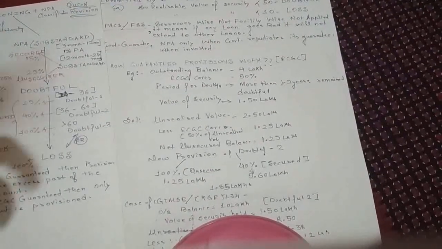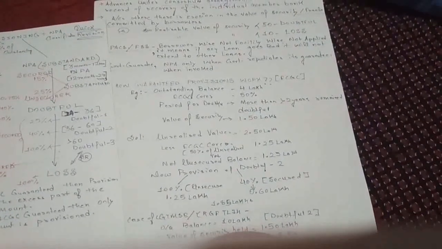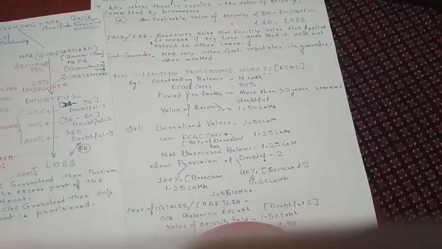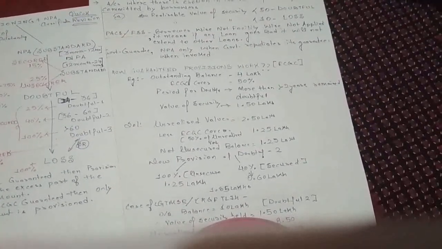Now how could we do that? First we will deduct the amount of securities, because if we sell the securities we will get this much amount. So the unrealized value is 2.5 lakh of rupees. First we will have to calculate the unrealized value.